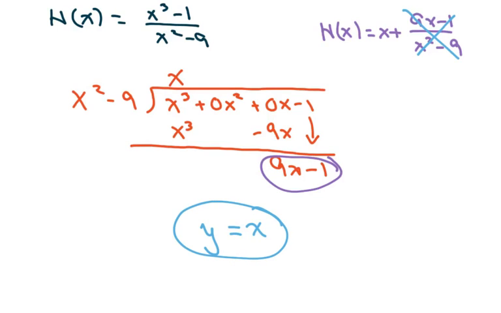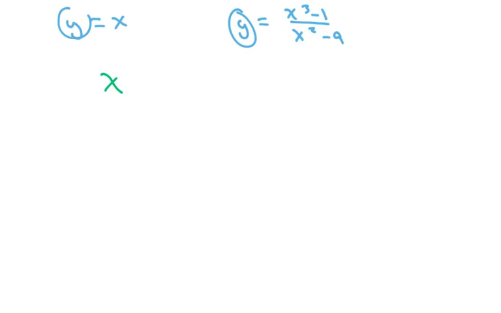Okay? We have to determine if we have any intersection points with the oblique asymptote. So basically, we know that y equals x, and we also have y equals x cubed minus 1 over x squared minus 9. Since they're both y's, we set them equal to each other and see if we can solve for x.